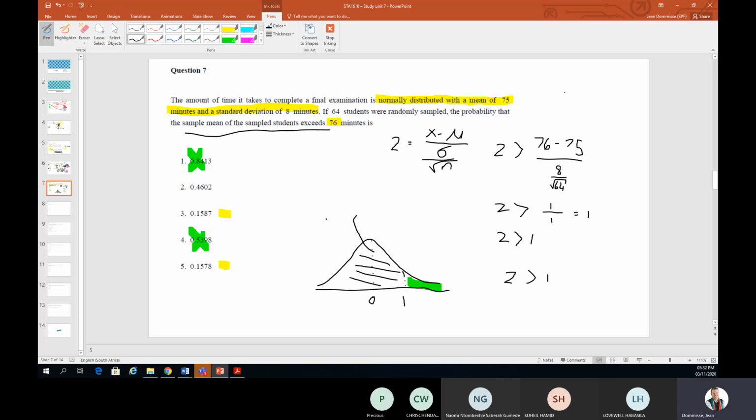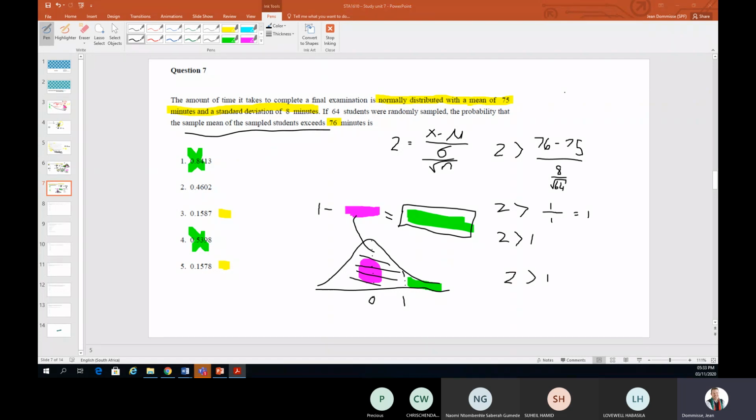The Z table will give us this value. So we'll get that value and we will say 1 minus that value, and that will be our answer. So let's quickly check on the Z table.